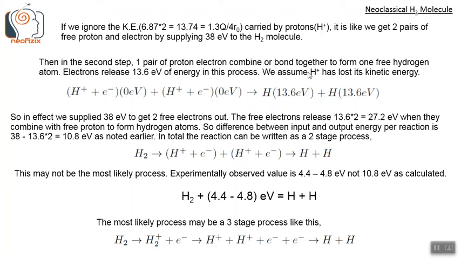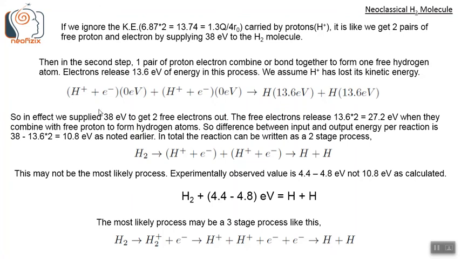Again, we assume that the H plus has lost its kinetic energy, whatever it was carrying during the Coulomb explosion. So this one proton and one electron combine together, and another pair combines together. They produce two hydrogen atoms, and they simultaneously release 13.6 electron volts each.